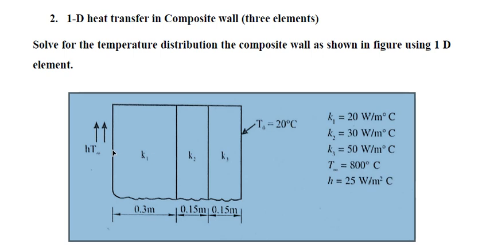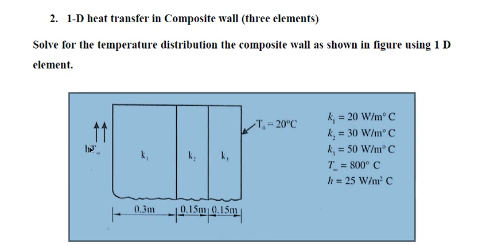Observe carefully the cursor which I am placing: node 1 here, node 2, node 3, node 4. T naught is given, which means the temperature at node 4 is given, so T4 is 20 degrees centigrade. We have to find out T1, T2, T3.